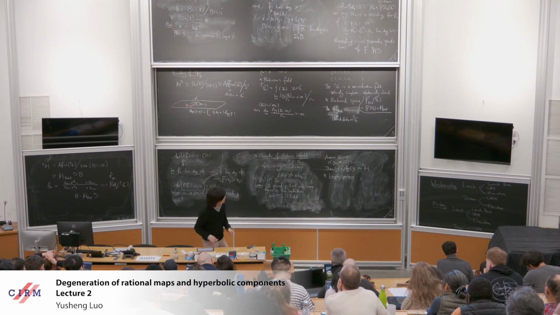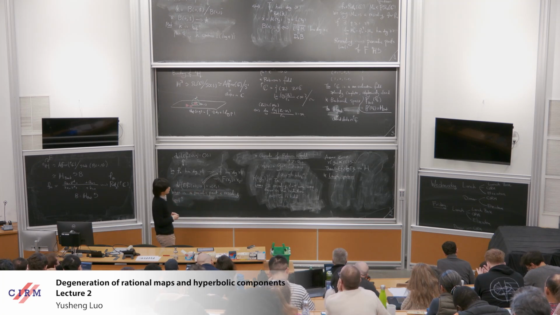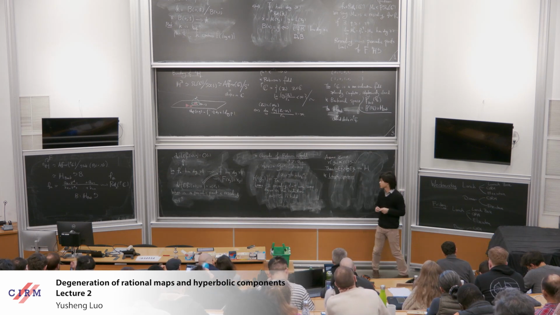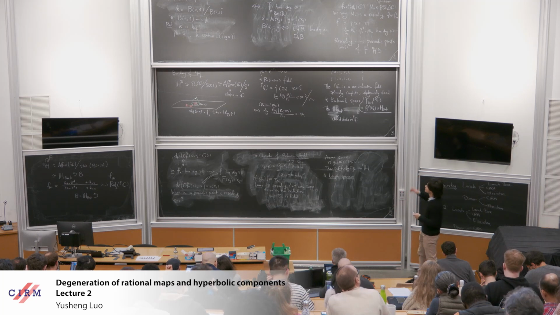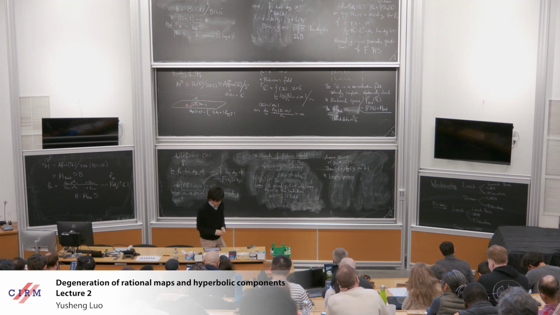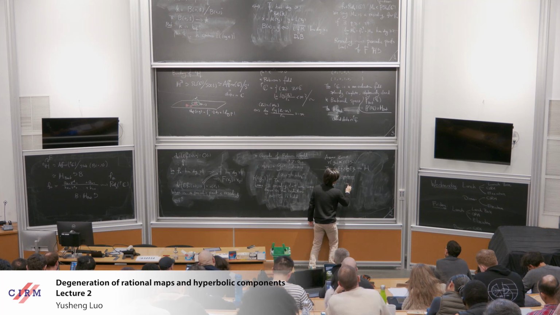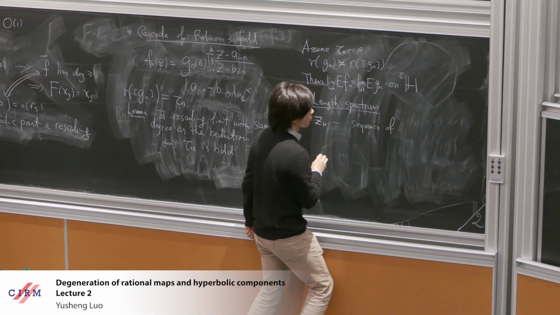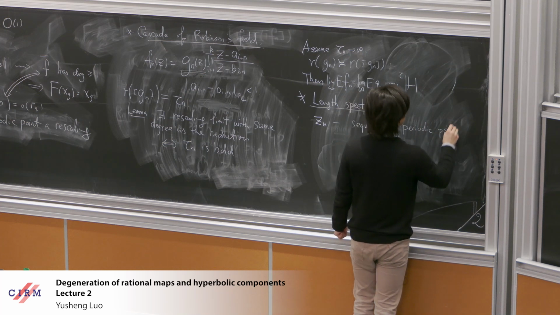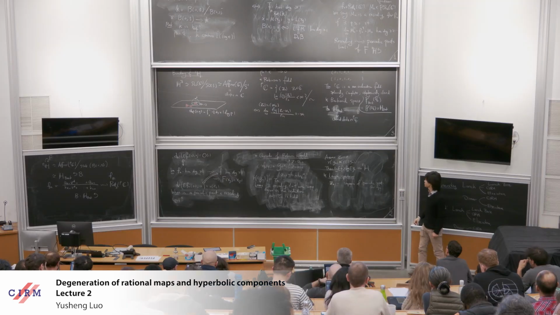Unlike the rescaling limits, which are kind of periodic points of the interior of these hyperbolic parts of the Berkovich space, the length spectrum is associated to the periodic ends of the Berkovich space. So whenever you have a sequence of periodic points for Fn, let's assume they're of the same period.